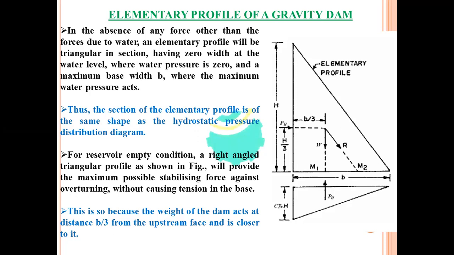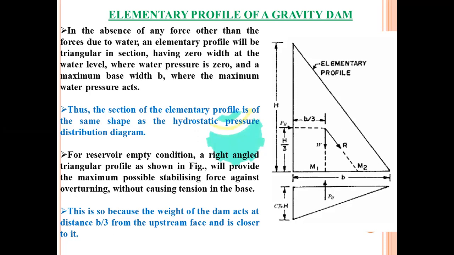So in this triangle figure, we assume that at the top of the dam, that means at the highest point of the dam, the water pressure is zero.